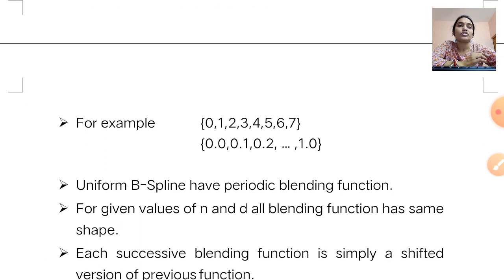For example, 0, 1, 2, 3, 4, 5, 6, 7, where the range simply increments by 1. And another one is 0, 0.1, 0.2, and in this way you can continue. So these are examples of a uniform B-spline curve.